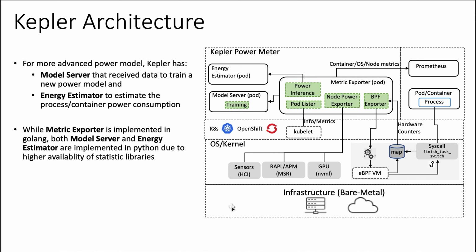The energy estimator receives the pre-trained power model parameters along with the process resource utilization to calculate the power consumption. In this case, both the model server and the energy estimator are implemented in Python because Python has more available statistics libraries.